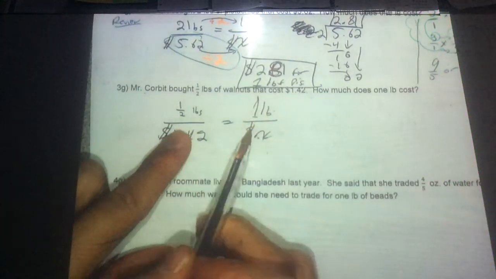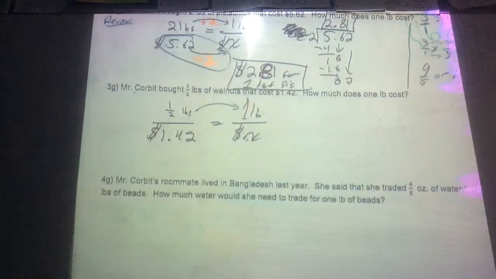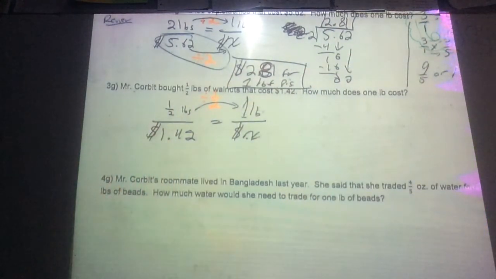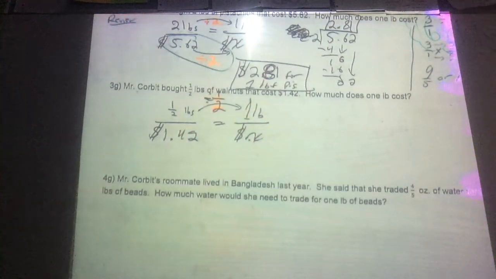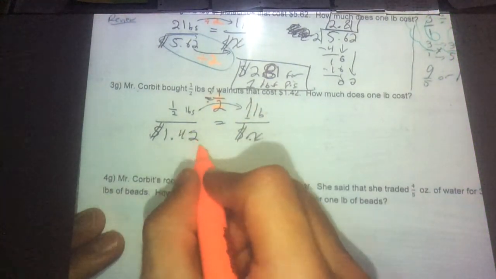Now the only difference between this problem is that this is a fraction, but the concept is still the same. I'm going to be dividing, instead of by 2, by this number, by 1/2. Because 1/2 divided by 1/2 is going to be 1. A number divided by itself is just going to be 1. So then I also, here, I'm going to divide by 1/2.